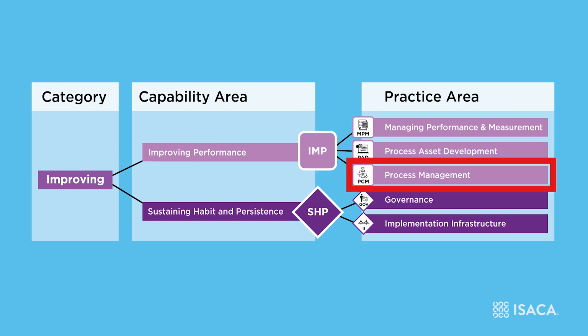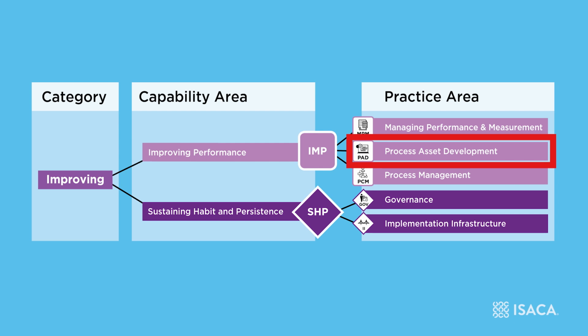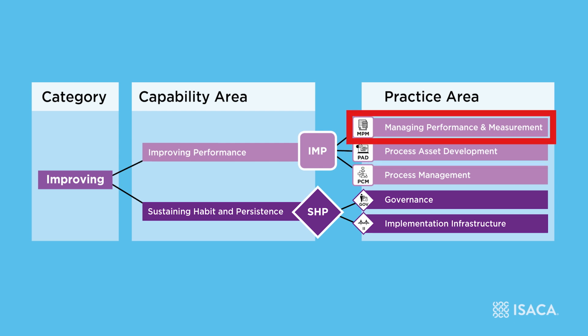The Process Management, PCM, practice area is mainly concerned with the planning and management of the activity needed to manage an organization's processes and process improvements, whereas the Process Asset Development, PAD, practice area is focused on the practical implementation of those assets. The final practice area in the Improving Performance Capability area is Managing Performance and Measurement, MPM. And as we shall see, Process Asset Development, PAD, also has close links to this PA too.